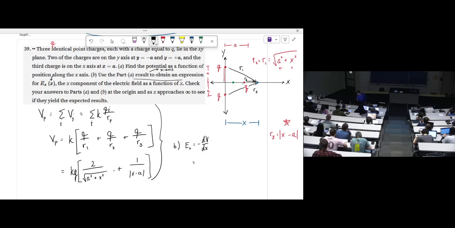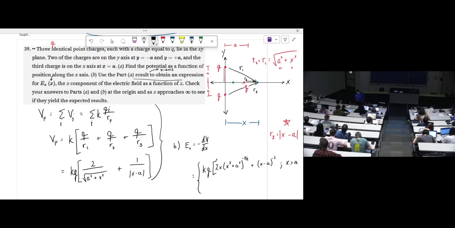And what you end up getting here is that for x greater than a, let's write it this way, and I'll let you check this out, KQ times, excuse me, I missed a term here, 2x times (x squared plus a squared) raised to the power minus 3 halves plus (x minus a) raised to the power minus 2. And this would be for x greater than a.